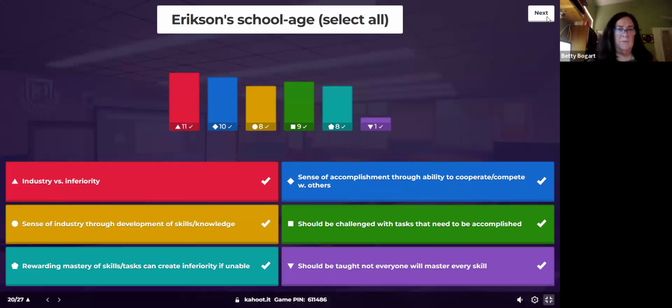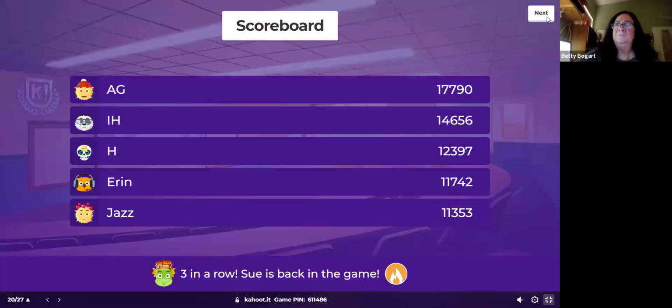We know it's industry versus inferiority. We know industry is what they do well. Inferiority is when they can't do it well. We know it's that accomplishment they like, and they need to be challenged with tasks that they can still complete, okay? And we know that they should be taught not everyone will be able to do everything, but they're still going to get the sense of inferiority because they still want to.